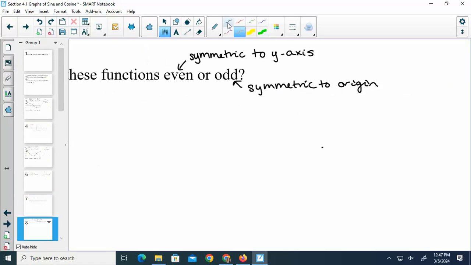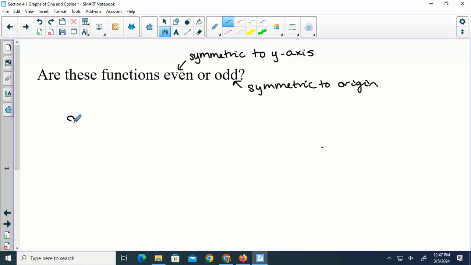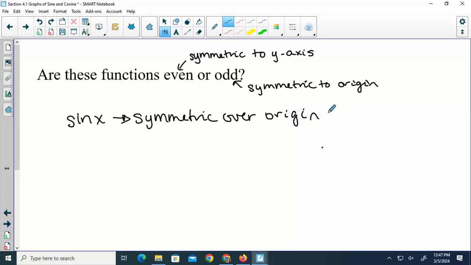So, sine is symmetric over the origin. You have to flip over both axes before it overlaps itself, which means it is odd.